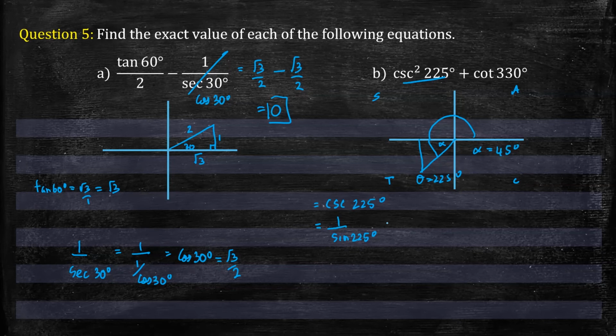So sine 225 could be written as negative sine 45 degrees. We need to include the negative sign because in this quadrant, sine is negative. So this is the same as 1 on negative sine 45 degrees.